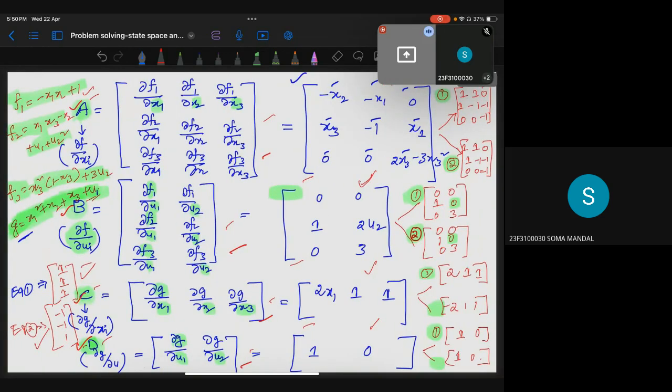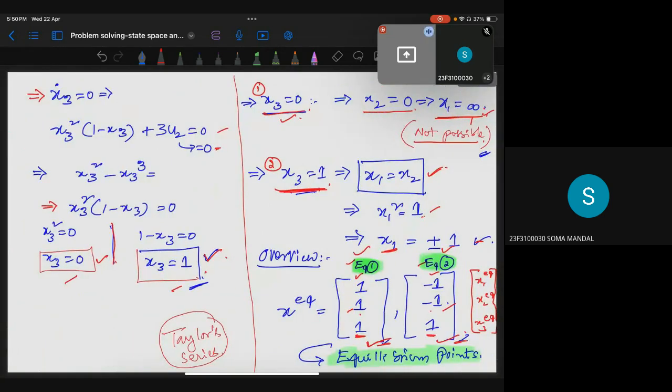Any doubt? Linearization means this standard procedure.